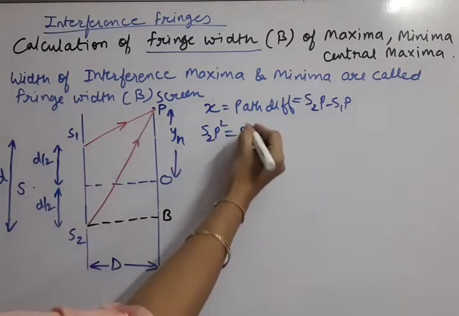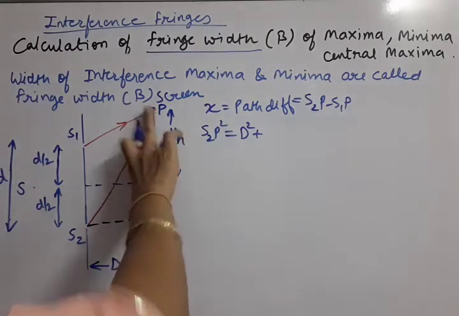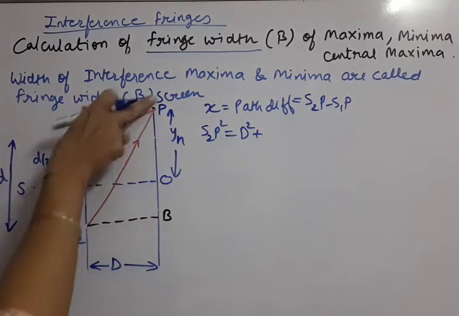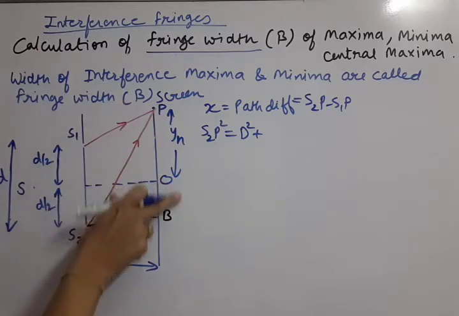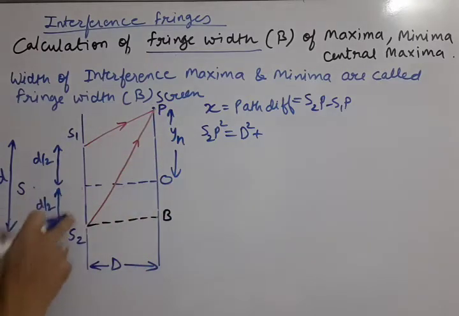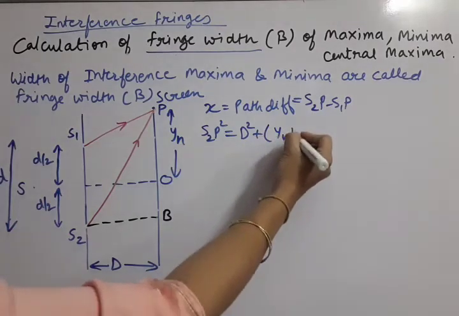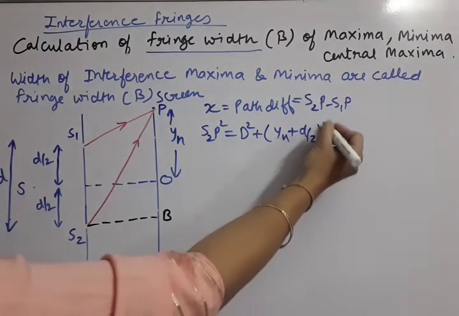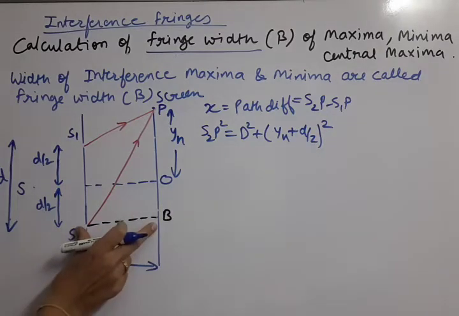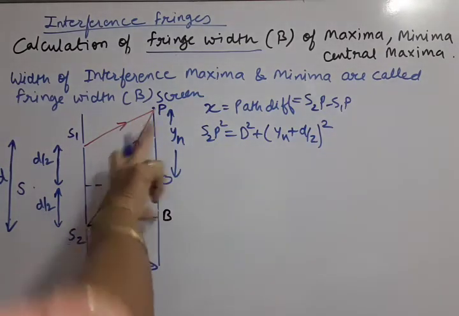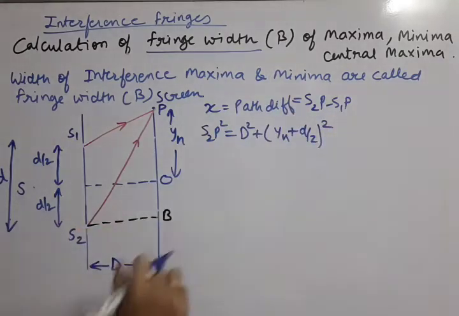Base square is D square, and for the perpendicular, the B to P distance is yn plus this distance d by 2. So it becomes D square plus yn plus d by 2, whole square.